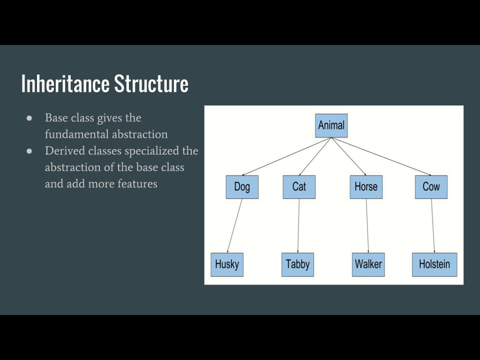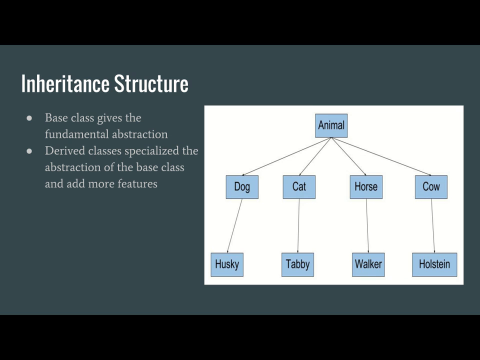Another way I like to put it is, a husky is a dog, and a dog may be a husky, but a dog could also be a wolfhound, a dog could also be a beagle, et cetera, et cetera.